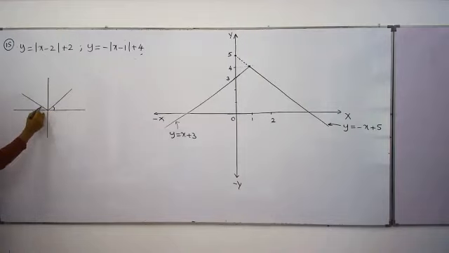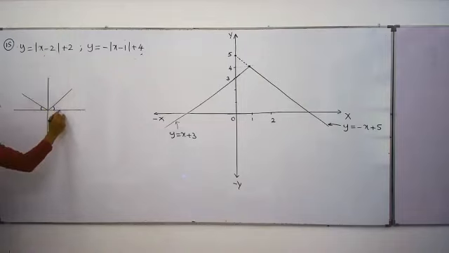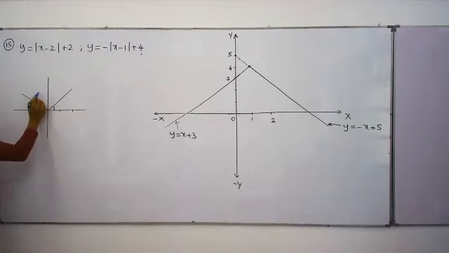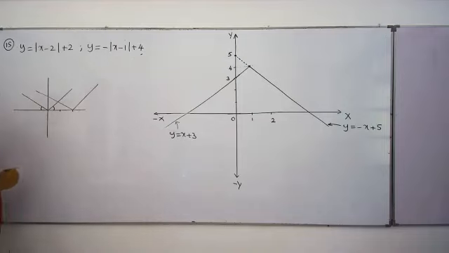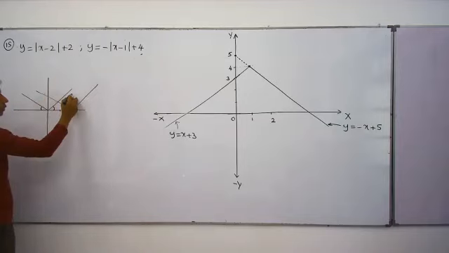This is 45, this is 45. Then how can we draw the mod x minus 2 graph? Shifting this graph rightward by 2 units. So then these two line segments will still be parallel. This way we have. And this graph we then have to take upwards by 2 units up to here.